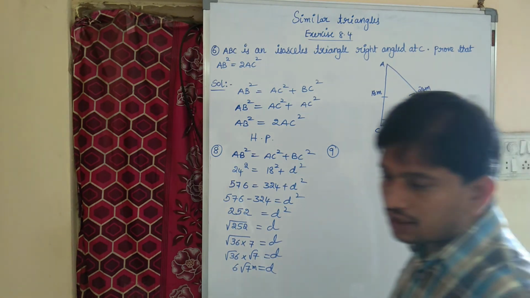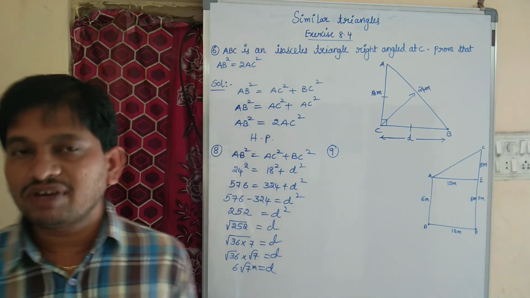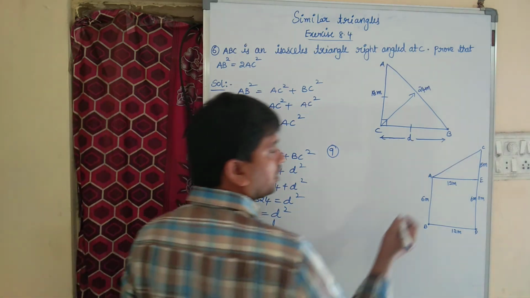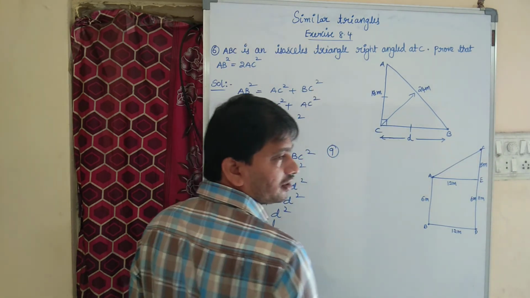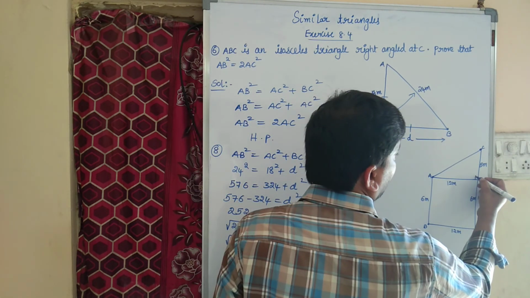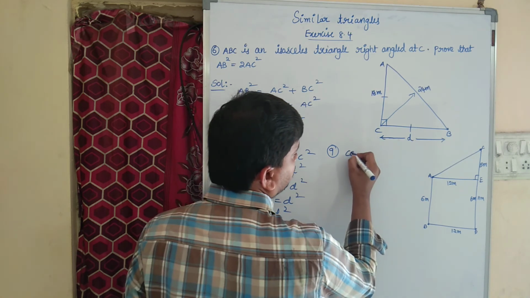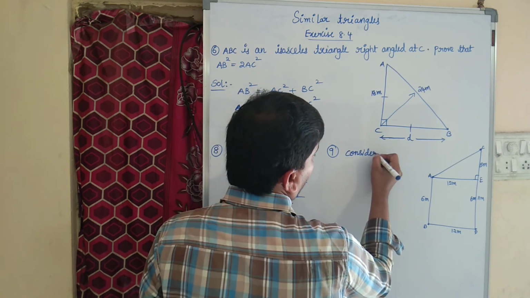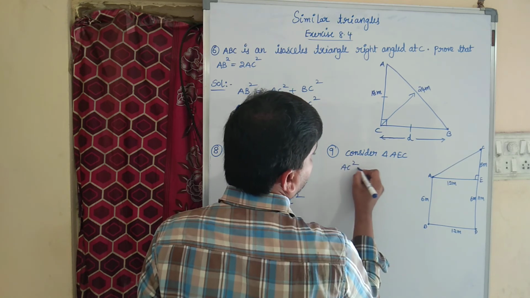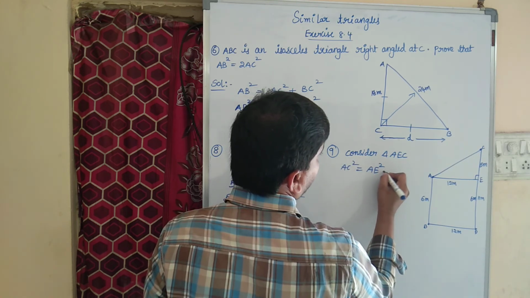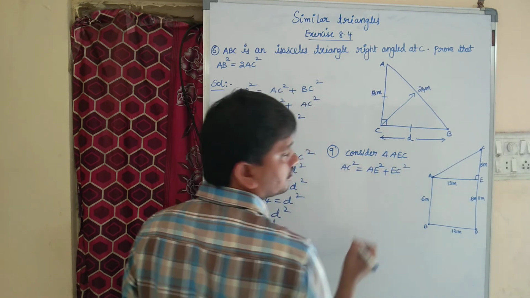Actually what they are asking to find is the distance between their tops, that is the distance between A and C. So if you observe triangle AEC, AC is hypotenuse, AC square equal to AE square plus EC square.